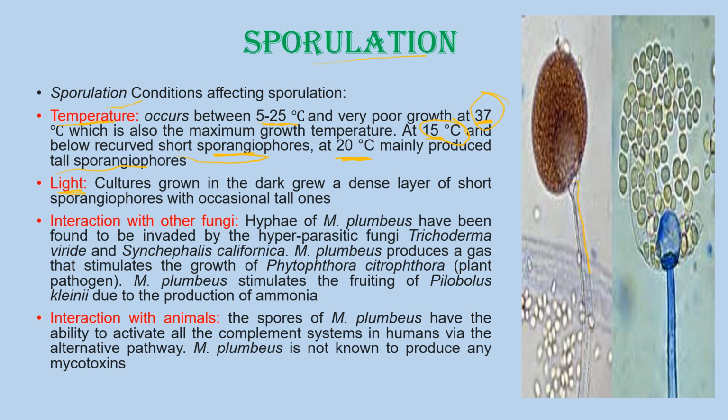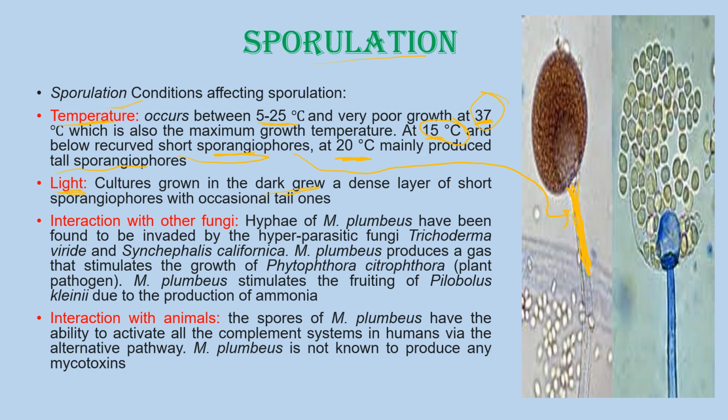So based on the temperature, the sporangiophore height is altered. And then we have light. When Mucor is growing under dark conditions, it will grow because it does not need light for food production, since it is a saprophytic organism.